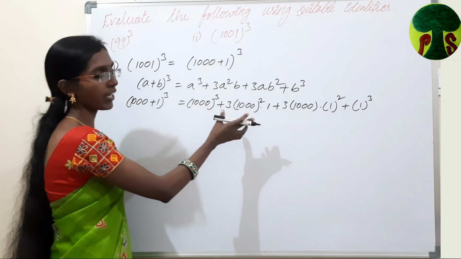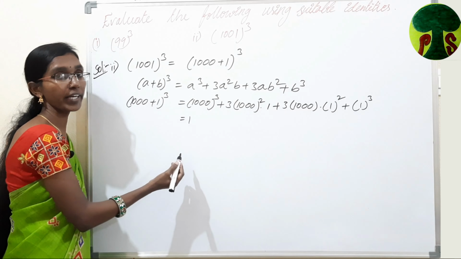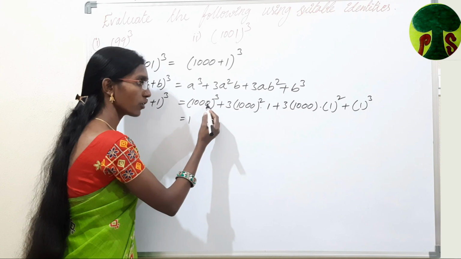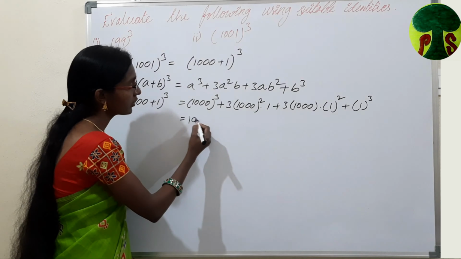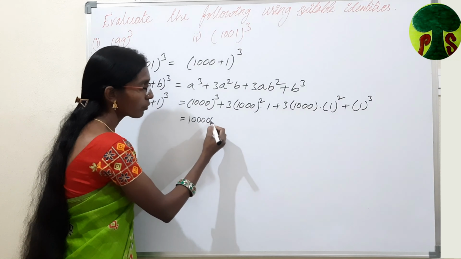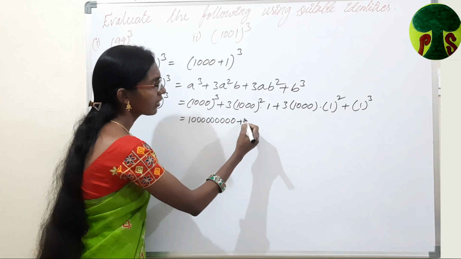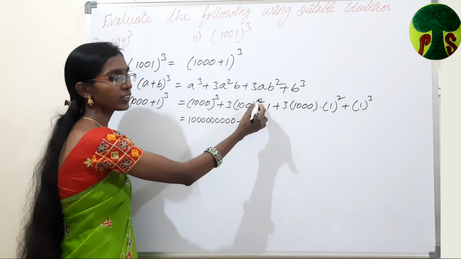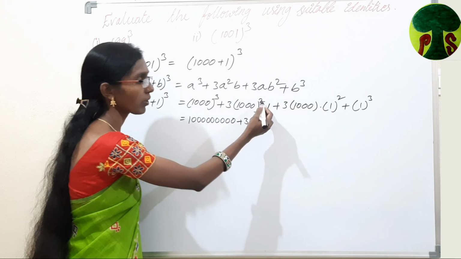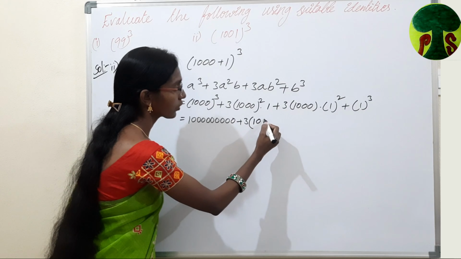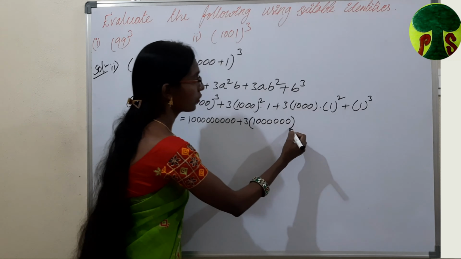Now we have to simplify the RHS, which is equal to 1000 cube. After 1 we have to write how many zeros? Here 3 zeros are there. How many times do we have to repeat? 3 times, because the power is 3. So 1, 2, 3, 4, 5, 6, 7, 8, 9 zeros. Plus 3 into 1000 square, which means we have to repeat 3 zeros 2 times because the power is 2. So after 1, 6 zeros, 1, 2, 3, 4, 5, 6, into 1.